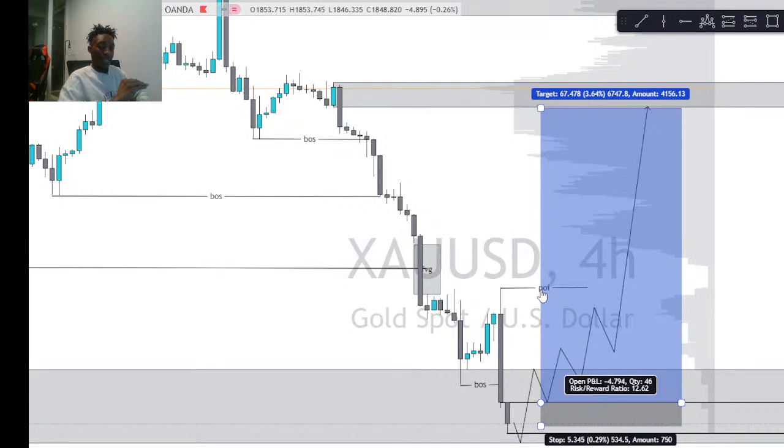Once you start seeing gold playing above that area, that's where you can start monitoring buys, because it's going to be showing you that it's now respecting the fair value gap. And then we can definitely start pushing to the upside.